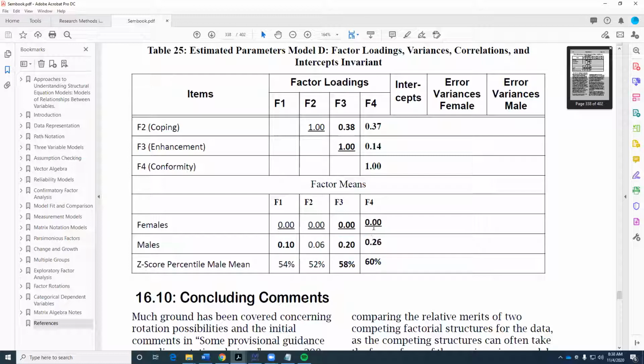So this last factor, just because I like the taste or the flavor of it, seems to be a lot higher for men. Since this has a mean of 0 and a variance of 1, I can convert this 0.1 into a percentile. That gives you a way of talking about the magnitude of the differences of the average male relative to the distribution of women.